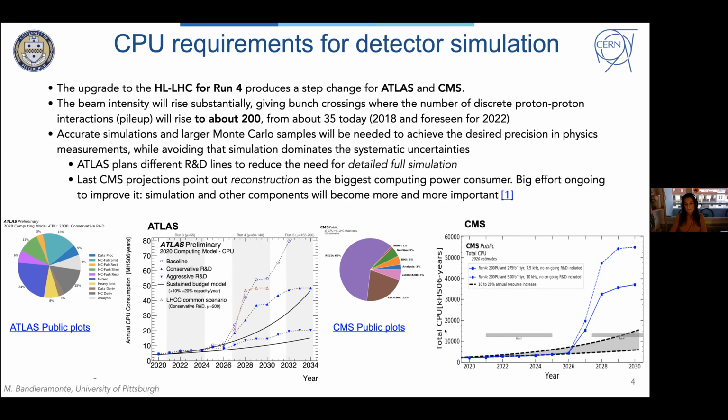Similarly, for CMS, we see here a plot showing the projections of the experiment's needs for the next 10 years. Here you see the projection of the availability of the computing budget, while the blue lines show the computing needs under two different scenarios, where the pileup values, the integrated luminosity and also the data taking rate are different, if the experiment does not put any R&D in place.